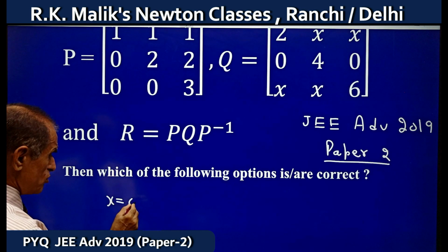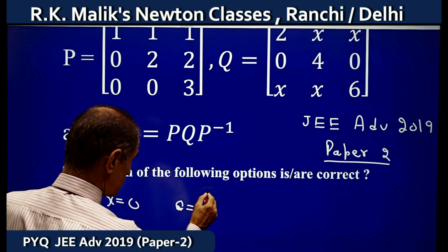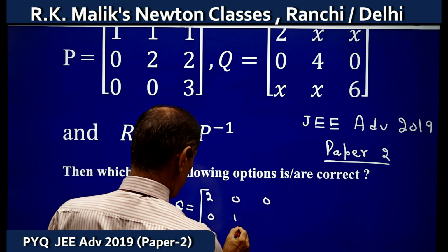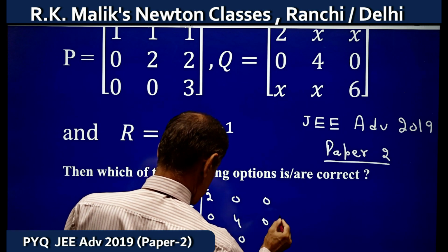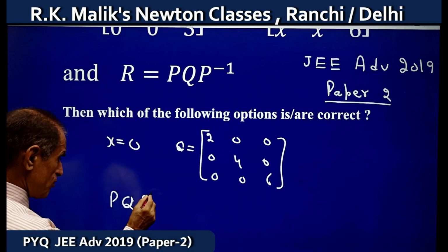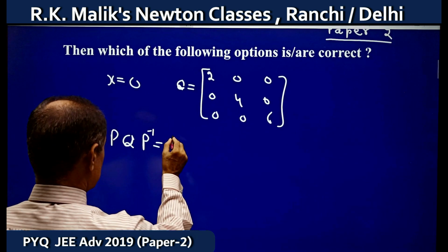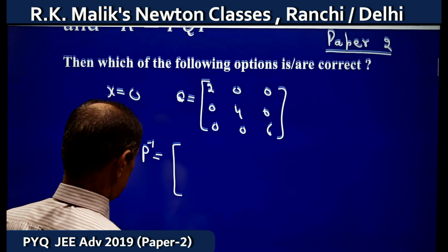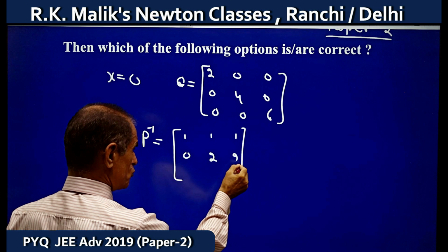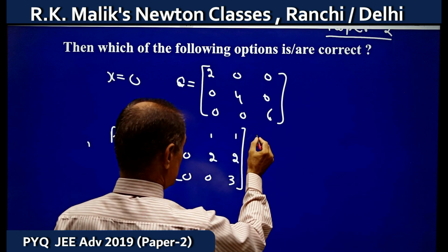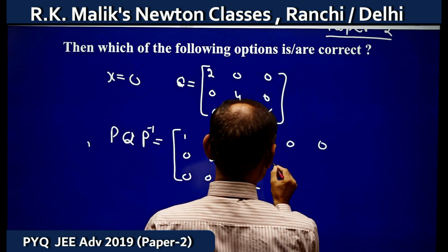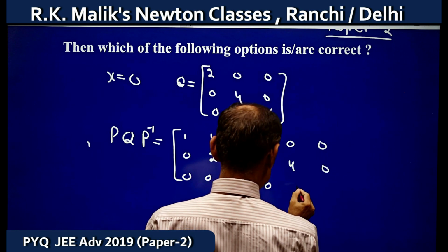If x is 0, the matrix Q becomes 2 0 0, 0 4 0, 0 0 6, and now P Q P inverse will be 1 1 1, 0 2 2, 0 0 3 into Q. Q is 2 0 0, 0 4 0, 0 0 6.